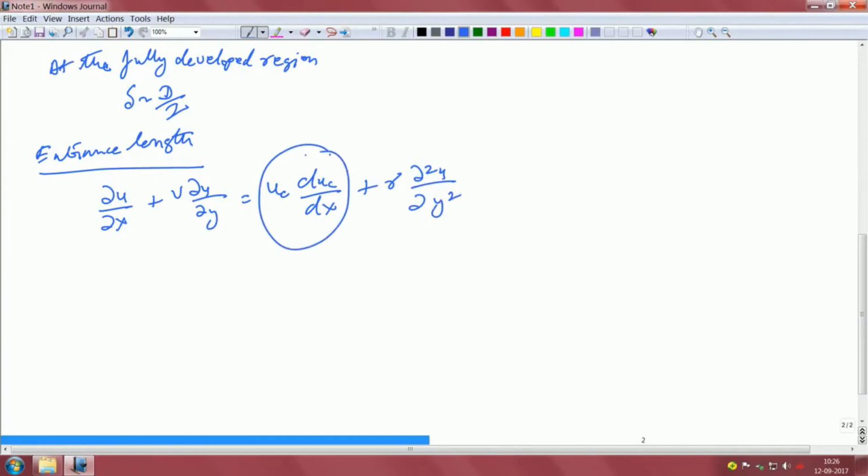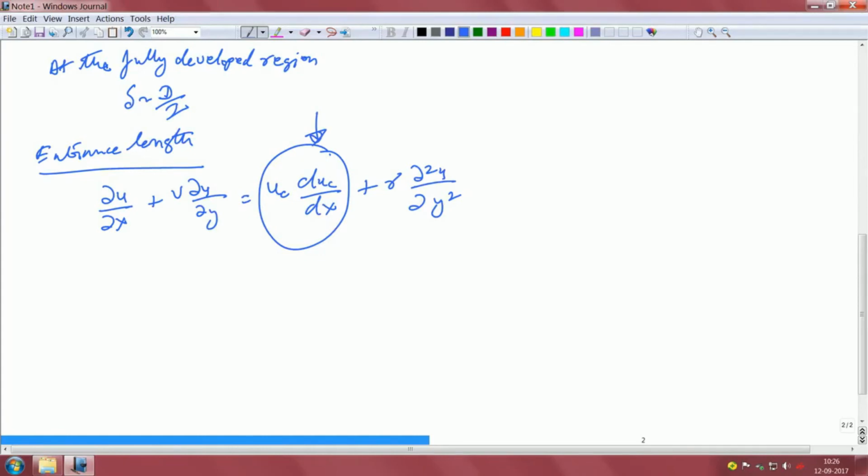This particular term comes from the pressure. The pressure in the potential core is basically imposed into the boundary layer, and this comes from the Euler's equation. So, the pressure term is substituted by Uc dUc by dx, and that comes from the potential core solution.